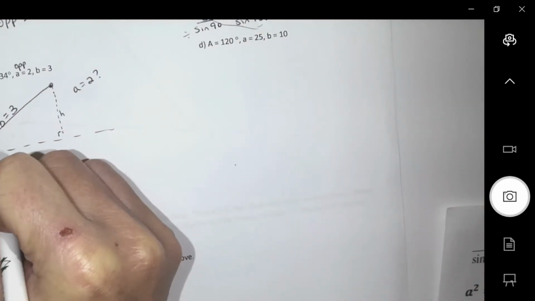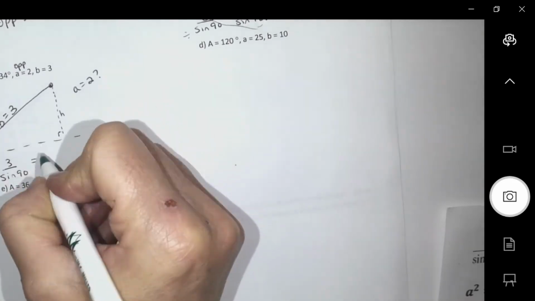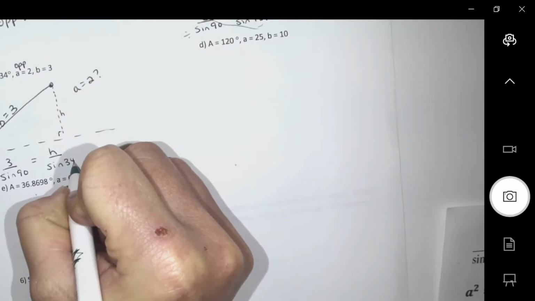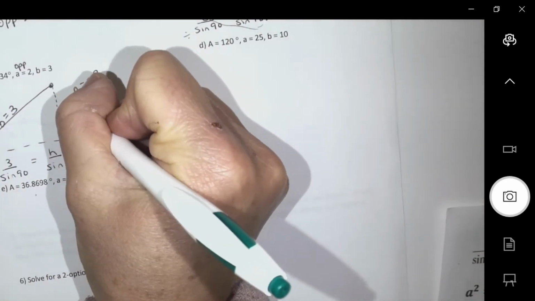So 3 over sine 90 equals height over sine 34. So I was getting a 1.68.